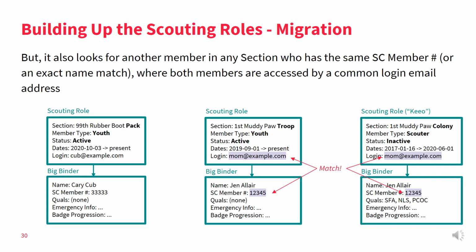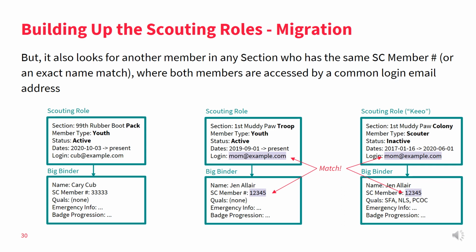So in the screen, you'll see that there's somebody from the 99th Rubber Boot Pack, and there's no match with any of the emails, but there are two emails matching from Colony and Troop that reference big binders that have the same Scouts Canada number.